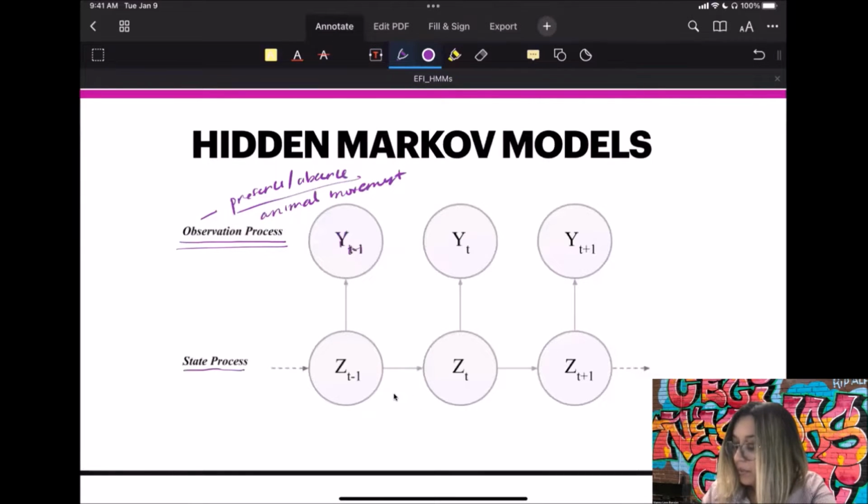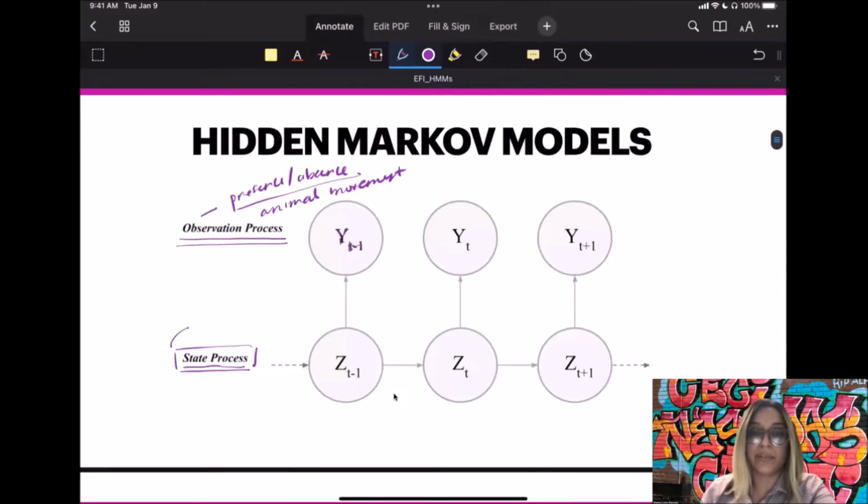What's different about a hidden Markov model is that we also care about a latent state process. This is the general graphical structure of a hidden Markov model.